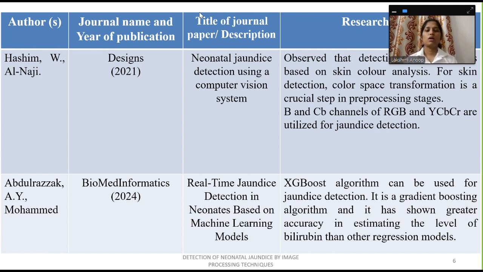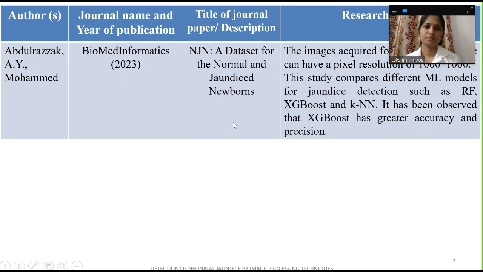And the next paper, real-time jaundice detection in neonates based on machine learning algorithms. Here they have utilized the XGBoost algorithm for jaundice detection. Mainly, it is a gradient boosting algorithm, and it has shown a greater accuracy in estimating the level of bilirubin from the neonate's image.